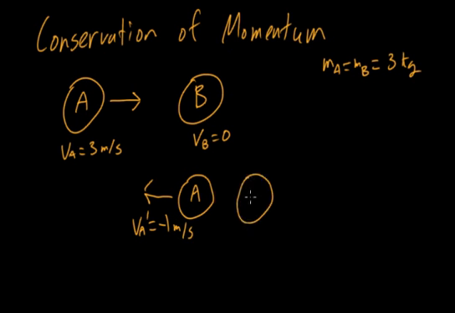Well, if A is going backwards at negative 1 meter per second, then B must be doing something because our overall momentum can't change. So what we can do is figure out how fast and in what direction B would now be moving. If we know this velocity after impact, we can figure out this velocity after impact. How can we do it? Well, let me make some space.